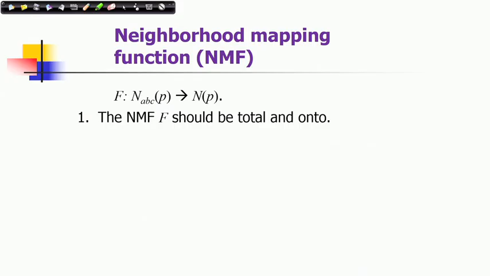There could be various possibilities for mapping a set of points to a neighborhood point of NP, but we should consider those mappings which maintain certain consistency and which should be helpful in solving our problem. So, we are considering a mapping function. In this case, we are naming it a neighborhood mapping function, that is a mapping from the extended neighborhood of A cross B cross C to a neighborhood of 3 cross 3 cross 3.